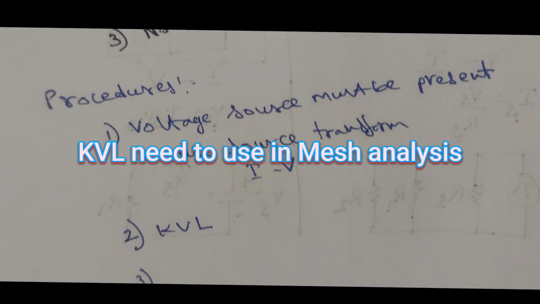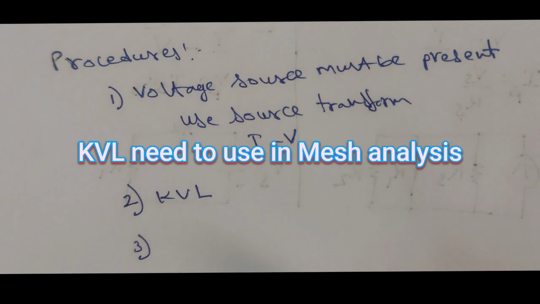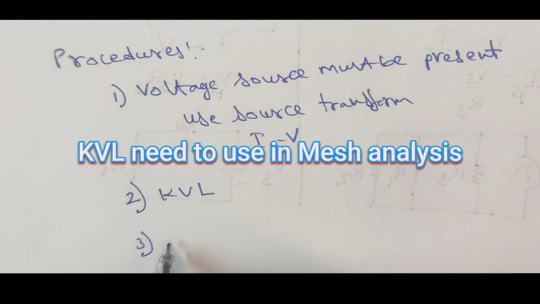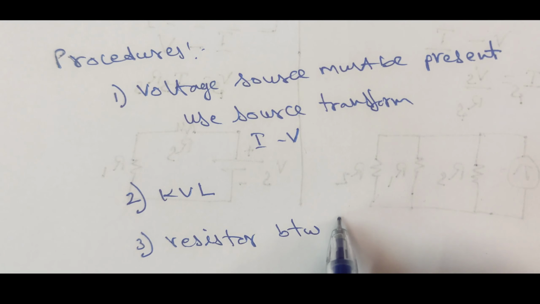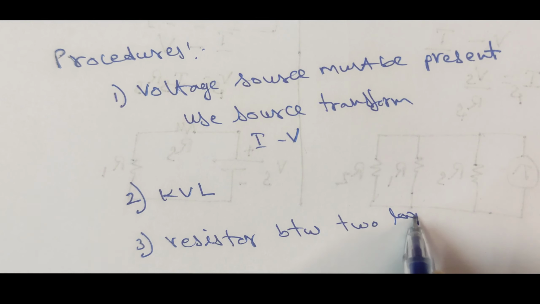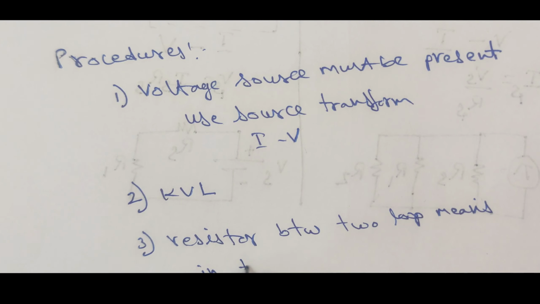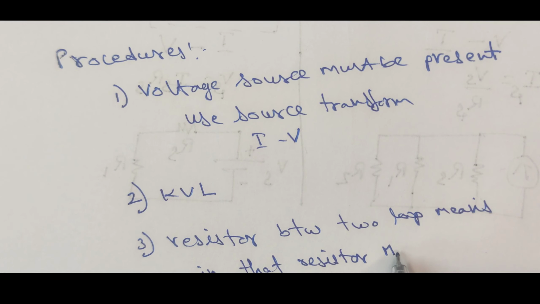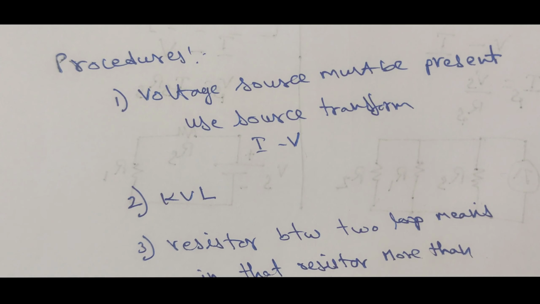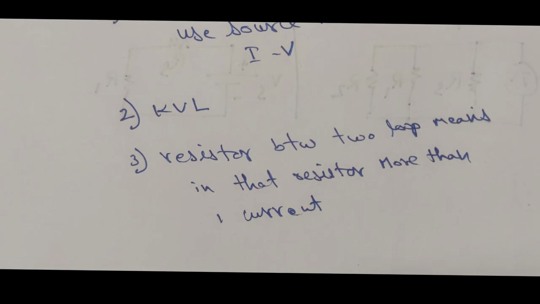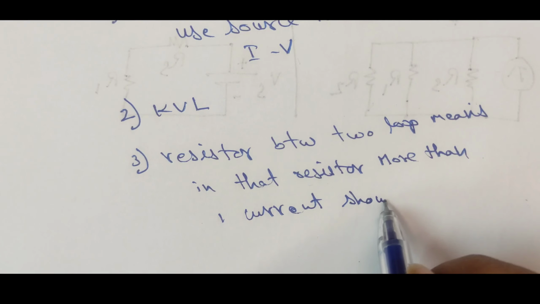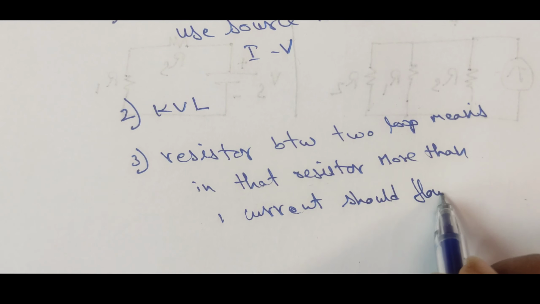When you have a resistor between two loops, more than one current should flow in that resistor.